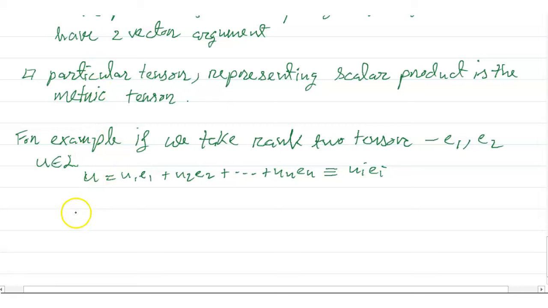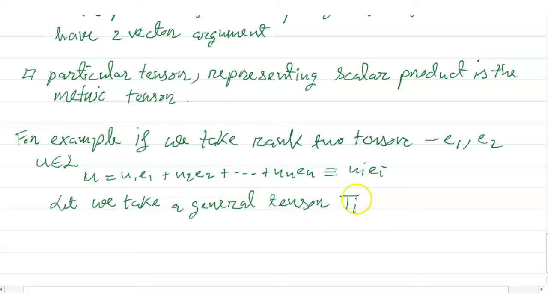Now the rank 2 tensor, general tensor. Let us take a general tensor Tij, which is rank 2.